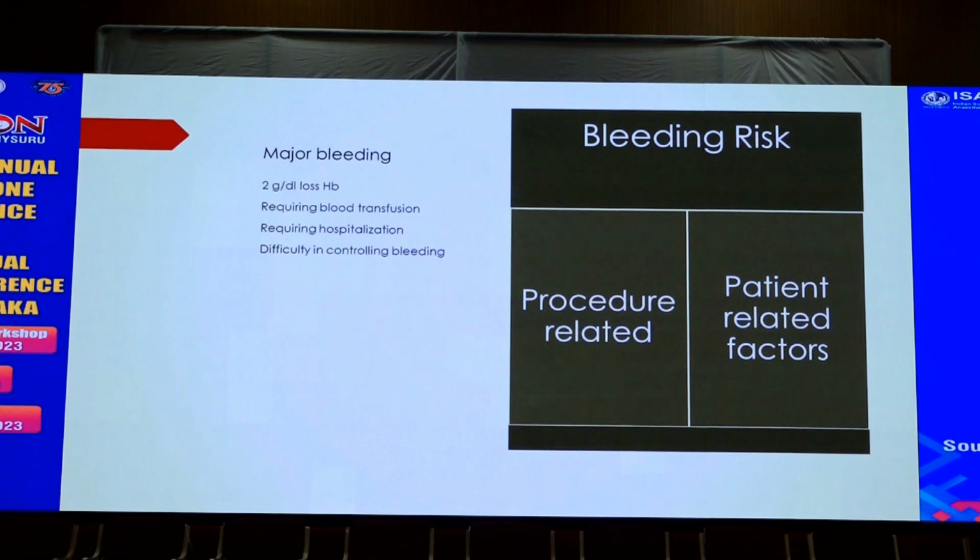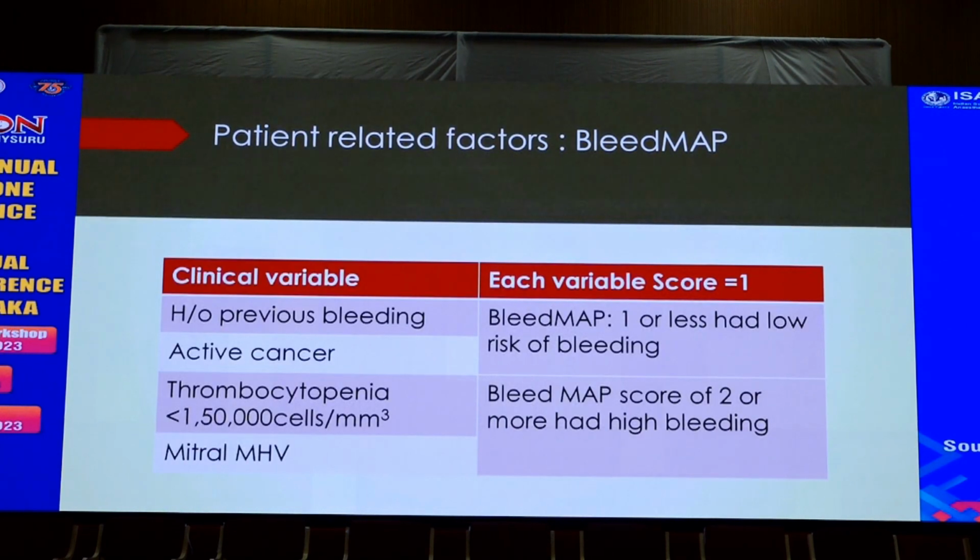First we'll address the bleeding risk. Bleeding risk is when blood loss causes a fall of more than 2 grams of hemoglobin, requires blood transfusion, and there is difficulty in controlling the bleeding. The bleeding risk not only depends on the procedure, it also relates to patient-related factors. Here Tafur et al. have shown there is a bleed map.